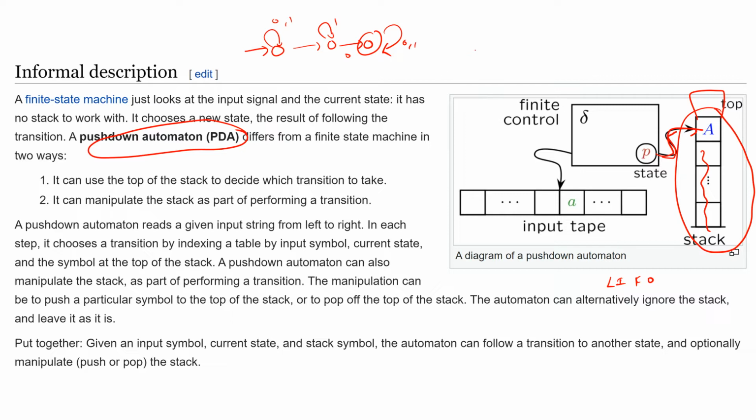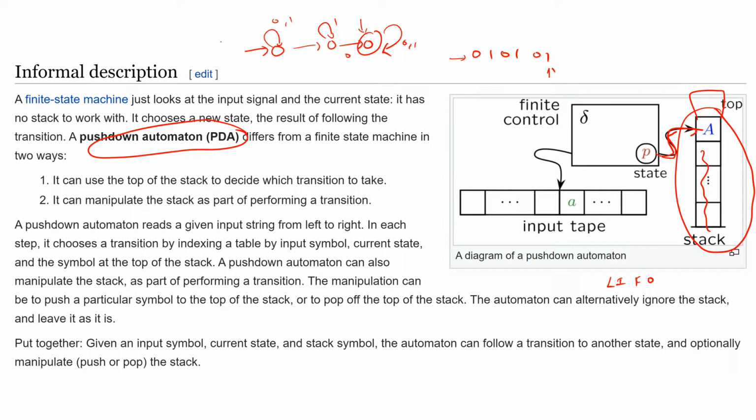Now, if I give you a string, for example, 0 1 0 1 0 1, you will consume the symbols one after the other from left to right, and you will take transitions according to the DFA. As you see the last symbol in the string, if the transitions take you to this final state, then you accept the string.